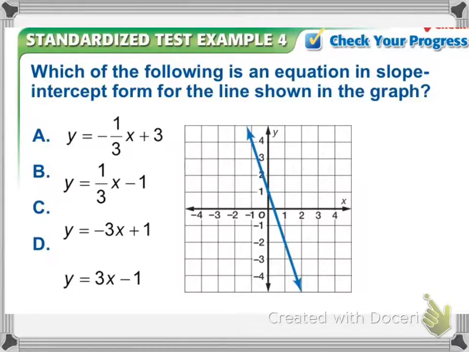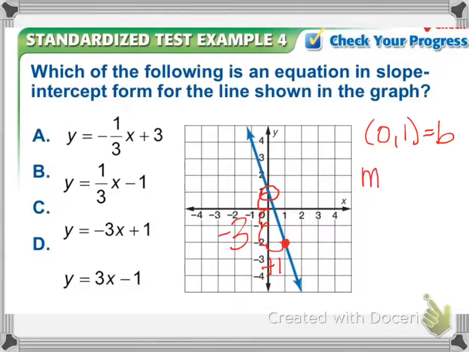Okay, so when you go to find your y-intercept, you look at where your line crosses the y-axis, and in this case it crosses right here at 0, 1. That's your b. When you go to count out your slope, you use another point. So from your y-intercept, you're going to go down 1, 2, 3, that's negative 3, and right 1, which is positive 1.